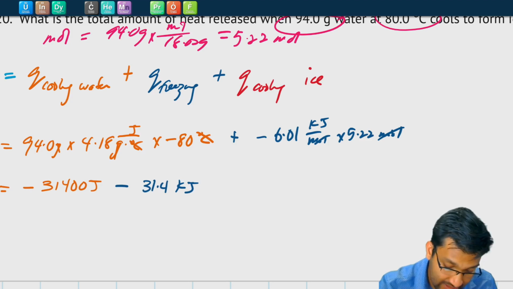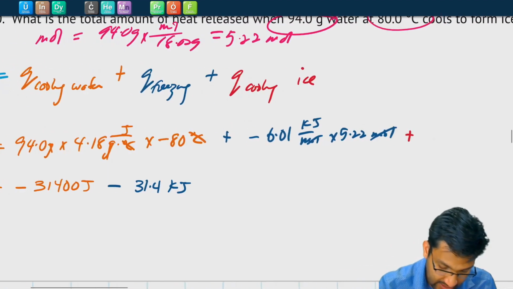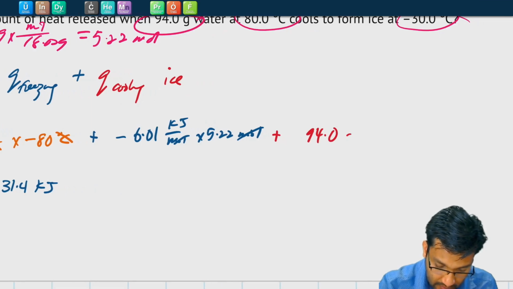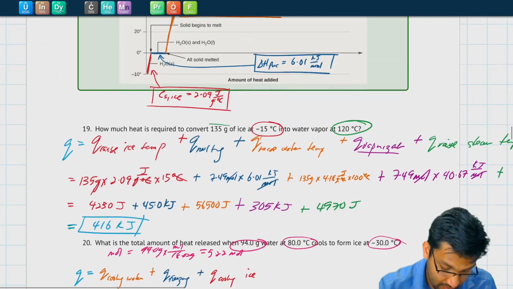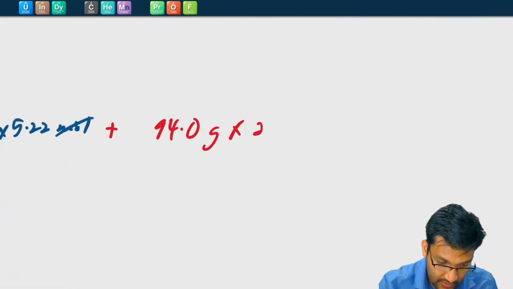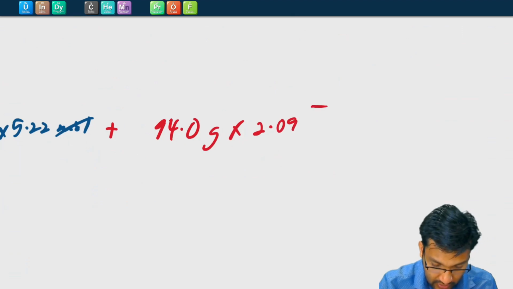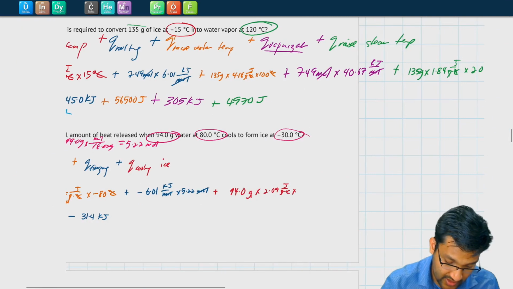And then now we need to cool the ice, right? So the mass is 94.0 grams times the specific heat capacity of ice, which is up here, 2.09 joules per gram per degree Celsius, times the temperature change. What is our temperature change?